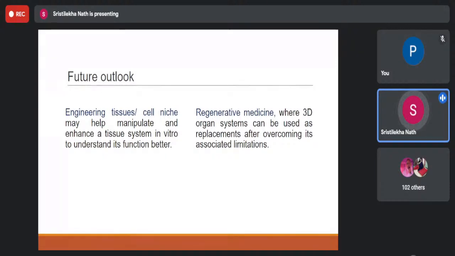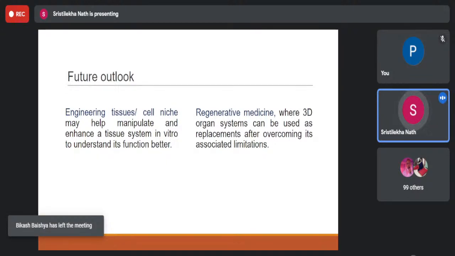For example, by injecting a particular gene, we can enhance some biochemical or even mechanical events that can help enhance the morphogenetic events, to better recapitulate the organ system. And we can also manipulate the cell niche, the niche where the cell is growing. Like I have said, we can modulate the ECM, the extracellular matrix components.